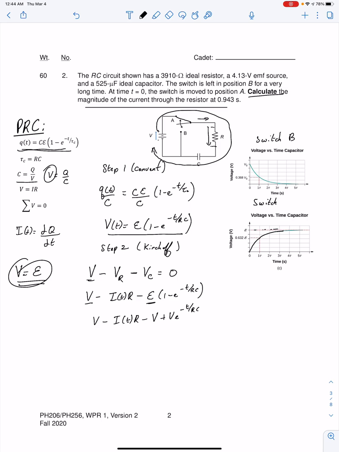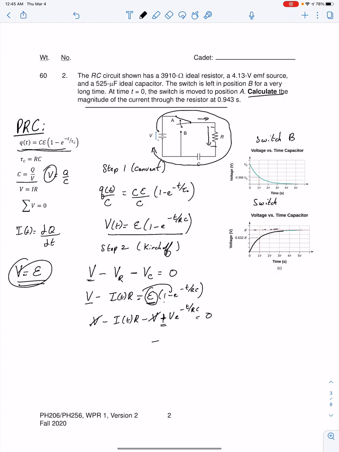Notice that I just replaced the EMF with V because it's the same thing. And then I multiplied EMF times 1 and then EMF times negative e to the negative t over RC. And I get this. Notice that there's a negative here, so this becomes positive. So these two V's cancel out.